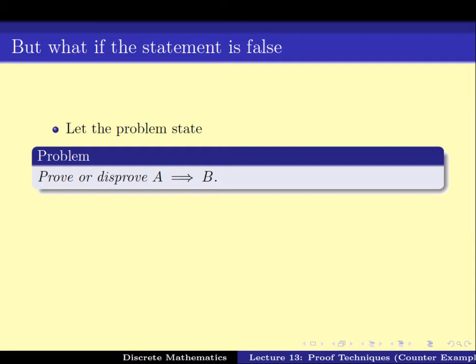In this particular video, we will look at the case when the statement that we are asked to prove is actually false. For example, we can get a problem like prove or disprove A implies B, and let's assume that this statement is actually false. That means A does not imply B. So if A implies B is not true, then what do you do?